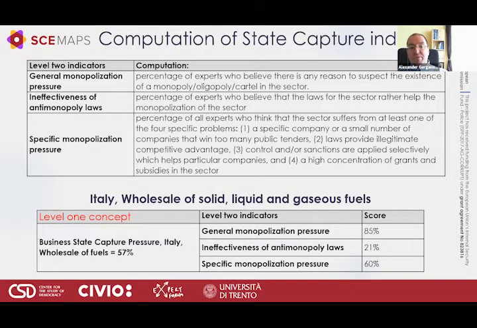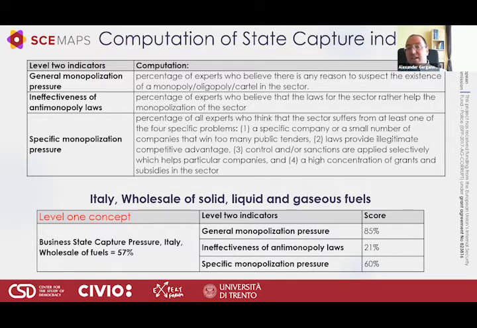And finally, the specific monopolization pressure is the percentage of experts who think that there is at least one of the 4 specific problems related potentially to state capture and to procurement capture we have listed here, and these are 60% of the experts mentioning at least one of these. Some, of course, mention several.